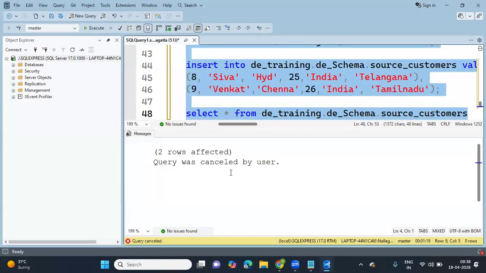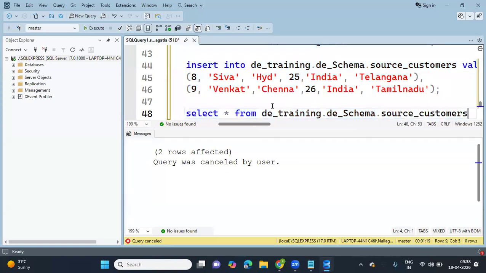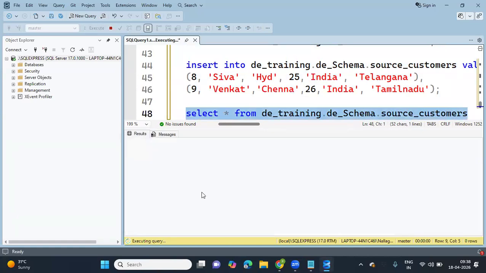Okay, let's see if this is cancelled. The two rows are affected, but let us see if the data is inserted or not. It's taking a lot of time.